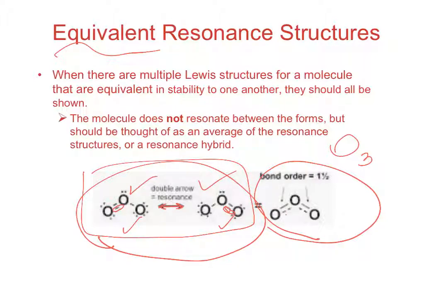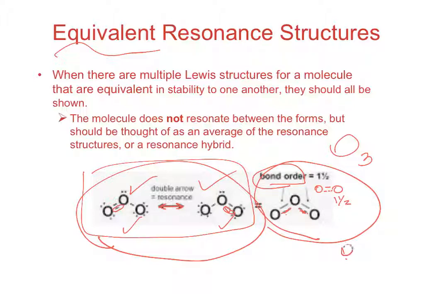And so think of each of these oxygen-oxygen bonds as containing half of a double bond, okay? So what we say then is that each oxygen-oxygen bond in this structure has a bond order. That just says how many bonds it has. It has a bond order of 1.5.